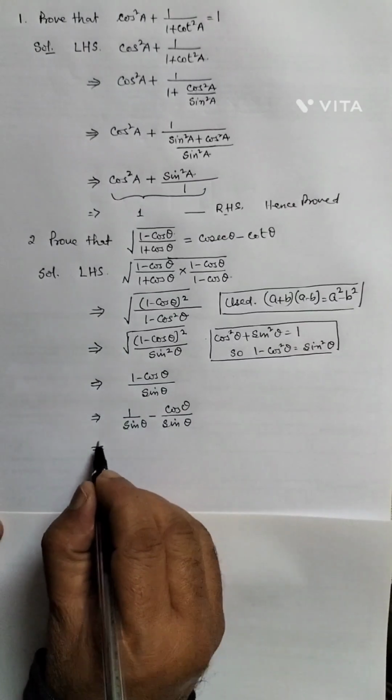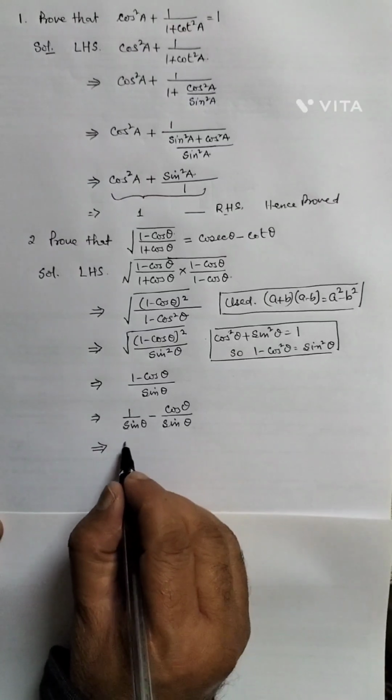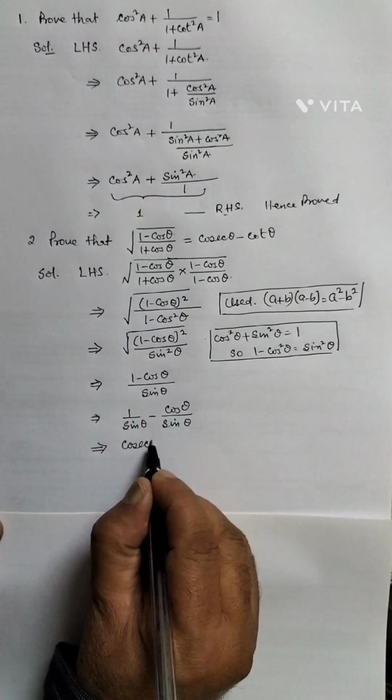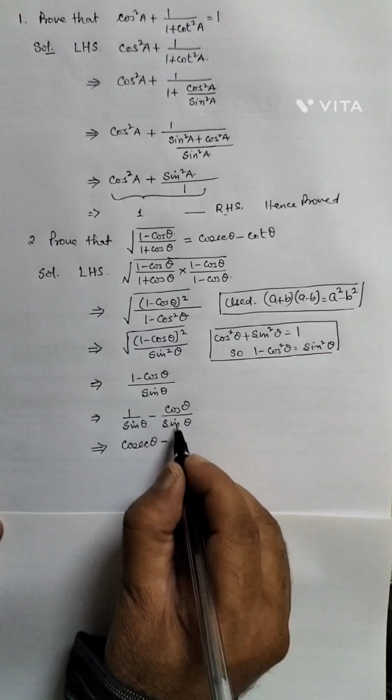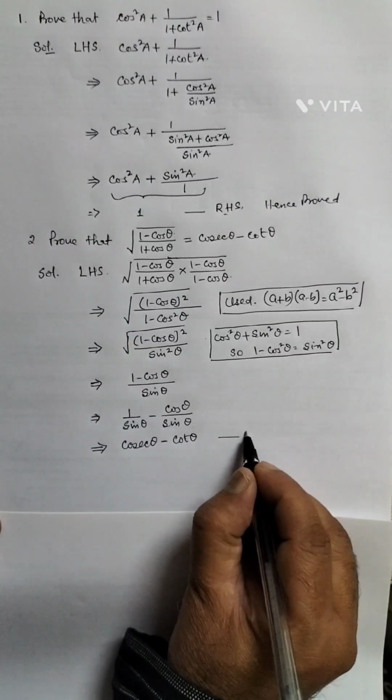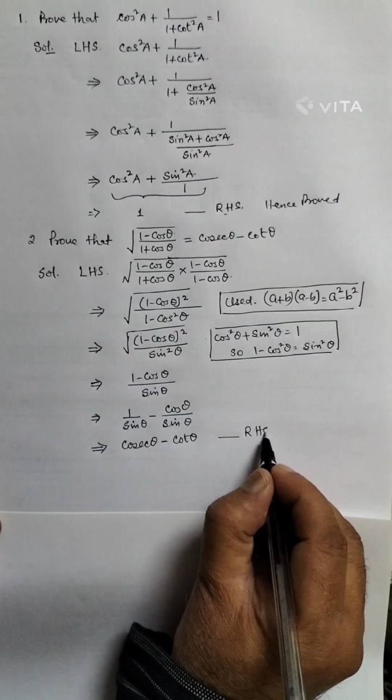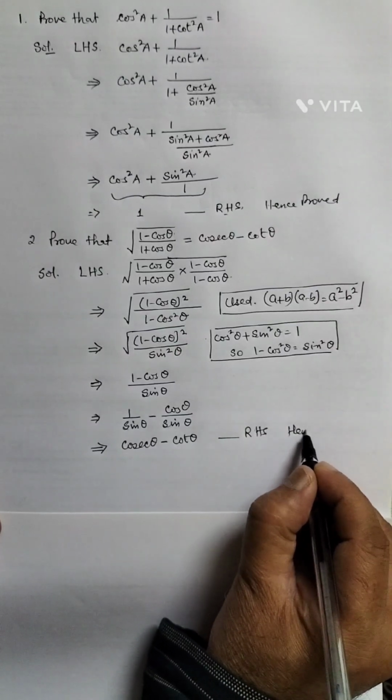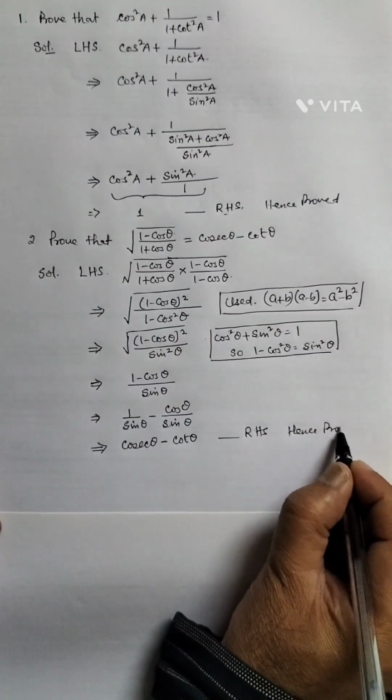Now 1 upon sin theta is nothing but cosec theta minus this is cot theta, and this is nothing but our right hand side, hence proved.